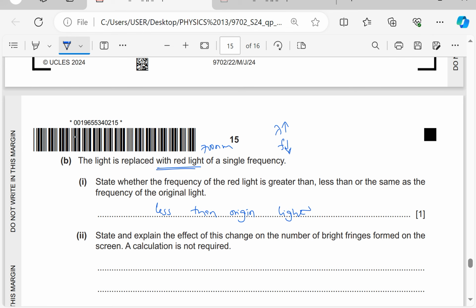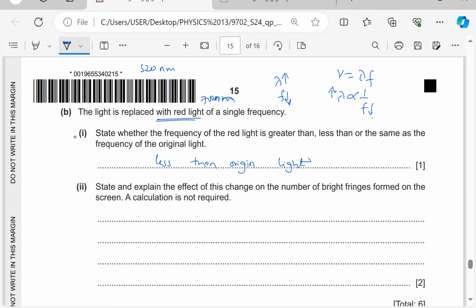The wavelength of red is 700 nanometers, so it is longer than 550, which was given. And remember, v equals lambda times f. The wavelength is inversely proportional to the frequency. If red has a longer wavelength, then it has a smaller frequency, so it is less than the original light.